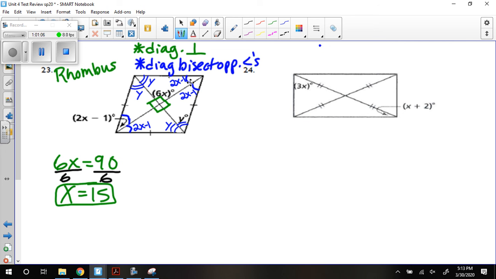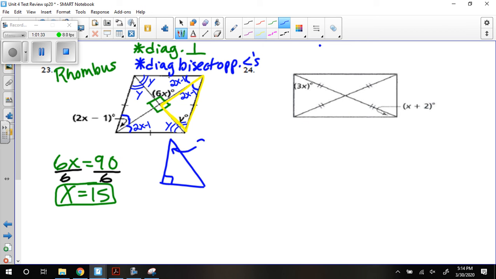All right, so let's focus on any one of these triangles. It really doesn't matter which one we focus on. So I'm just going to pick this one, since that's where our original y was located. Okay, so if I focus, I've got a right triangle, I've got a right angle here.